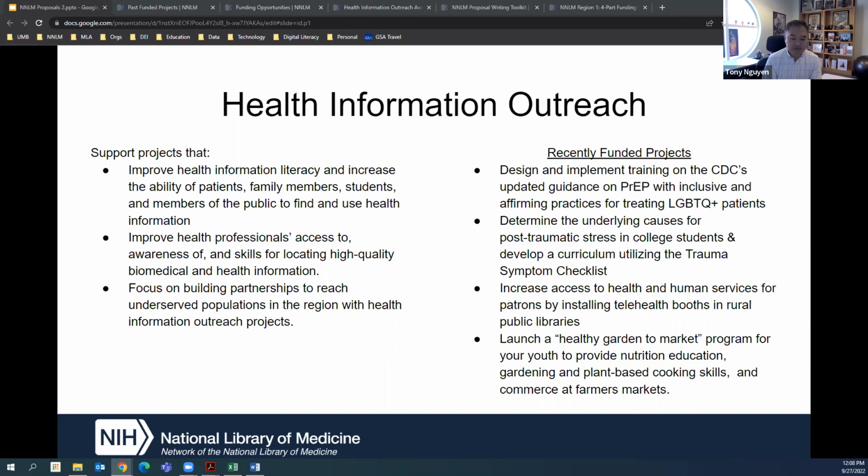That includes a community-based organization who wanted to design and implement trainings based on the CDC's updated guidance on the use of pre-exposure prophylaxis to help with treating LGBTQIA+ patients. Another was related to looking at underlying causes of post-traumatic stress in college students due to the pandemic, and developing a curriculum that utilizes the trauma symptom checklist is another project.